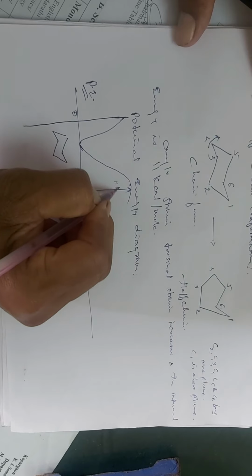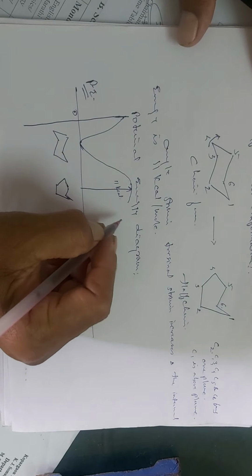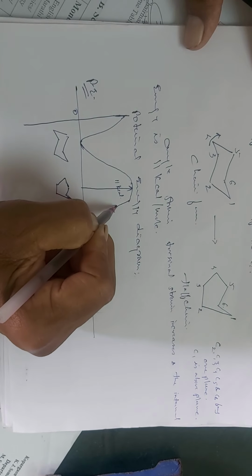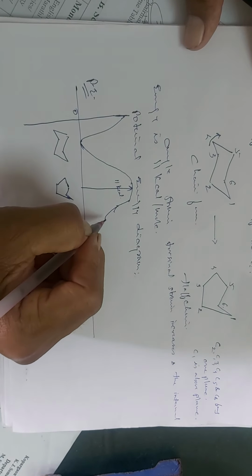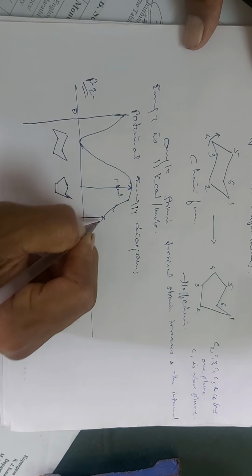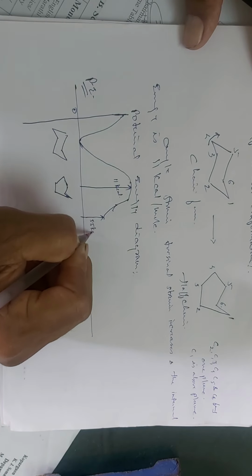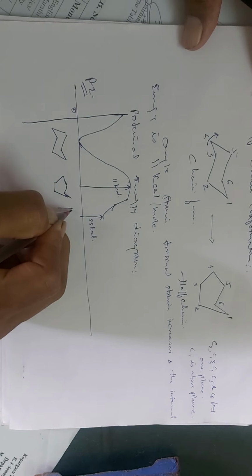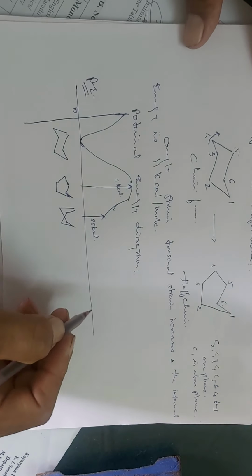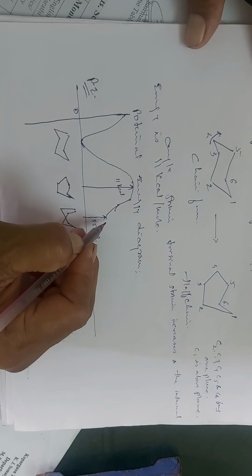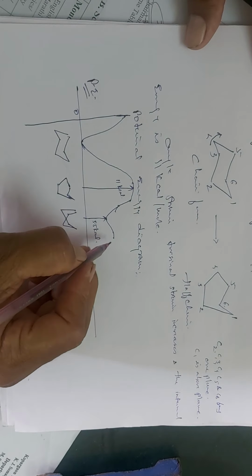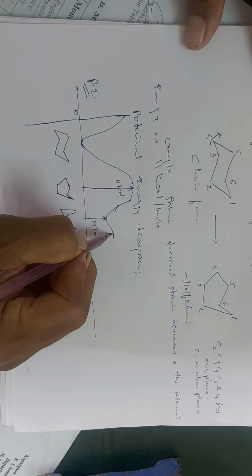Then it gets converted into the twist boat, and here the internal energy is 5.5 kilocalories per mole, that is the twist boat in this way.